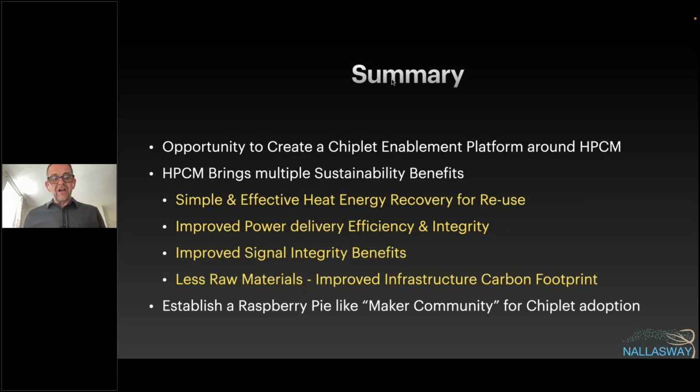So I guess that's my hope and desire from this, that you say, yeah, let's just use HPCM as our go-to substrate. Maybe we get to a tile type architecture, and maybe this can help the business case and the success and traction of the chiplet approach. Thanks very much, guys.